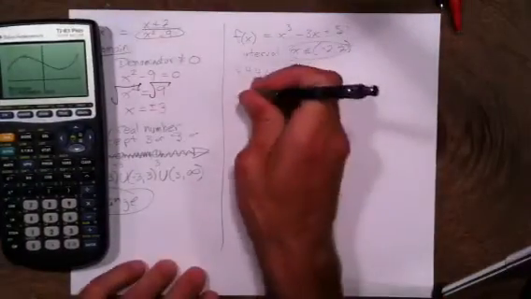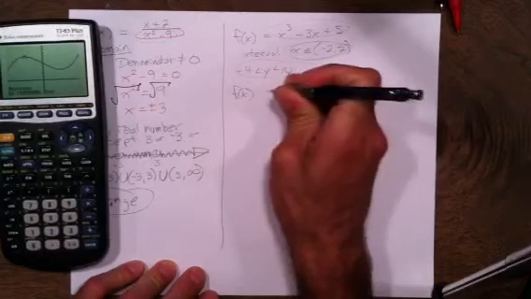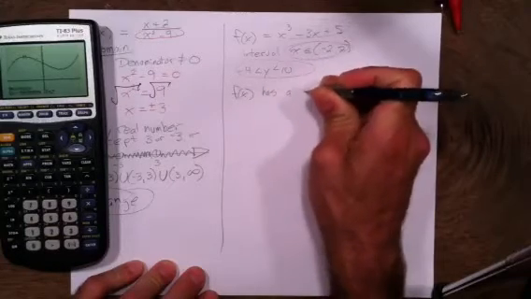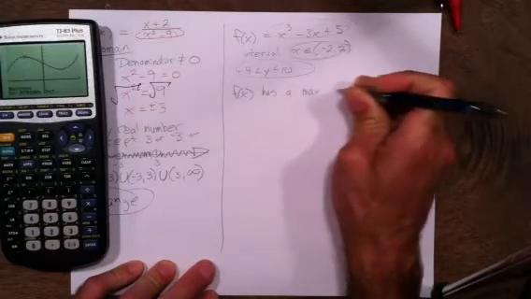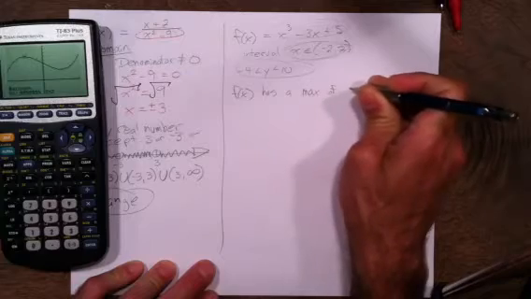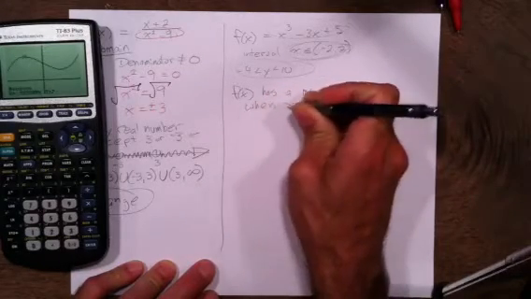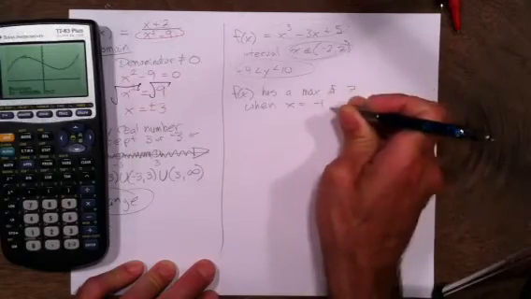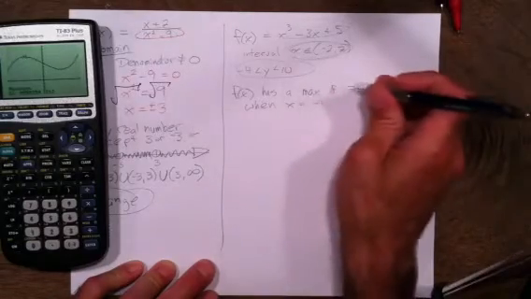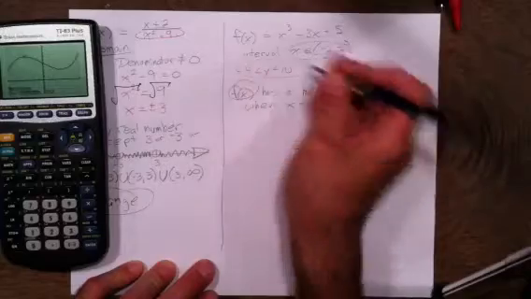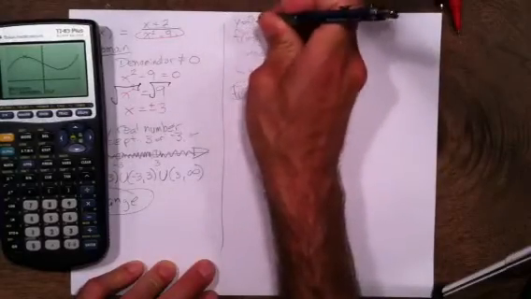So f of x has a max of 7, that's the y value, when x equals -1, would be one way to phrase that. The max is the y value, because the function is a y value. Remember, y equals f of x.